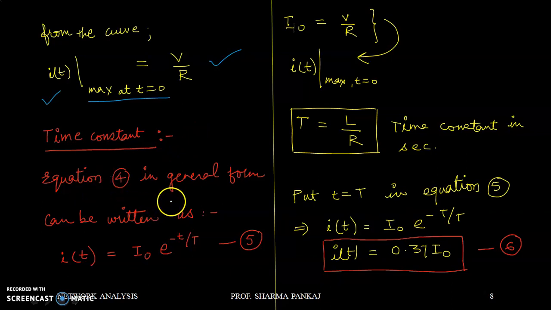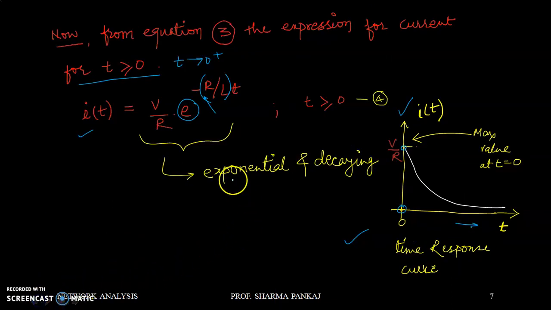The equation number 4 in general form can be written as, what was equation number 4? Just see this. This is your equation number 4: I(t) equal to V by R e raised to power minus R by L into t.